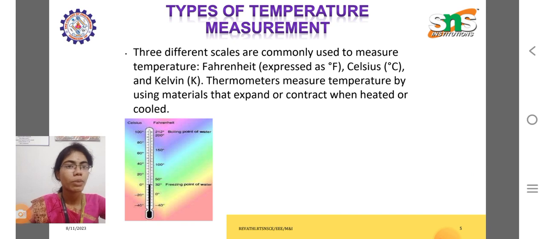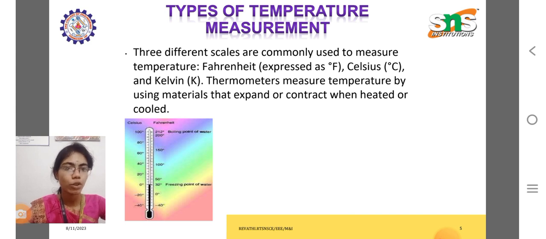Types of temperature measurements. Three different scales are commonly used: Fahrenheit, Celsius and Kelvin, as we have already seen in the previous slide. Thermometers measure temperature by using material that expands or contracts when heating or cooling.